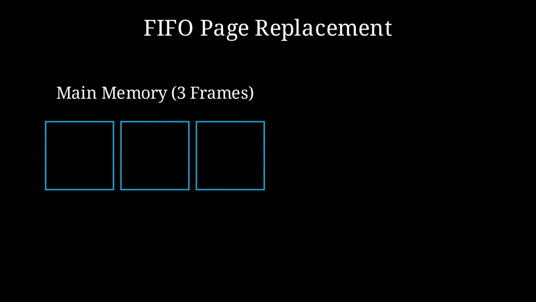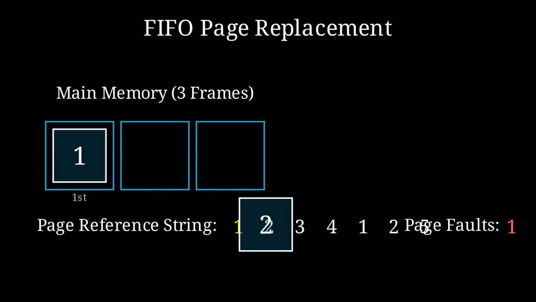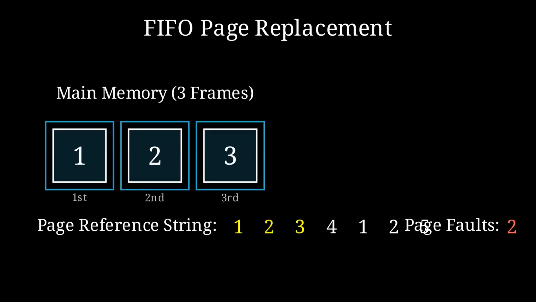Let us demonstrate FIFO with a simple example. Consider a main memory with 3 page frames and a page reference string 1, 2, 3, 4, 1, 2, 5. Initially, frames are empty. Page 1, 2, and 3 enter.